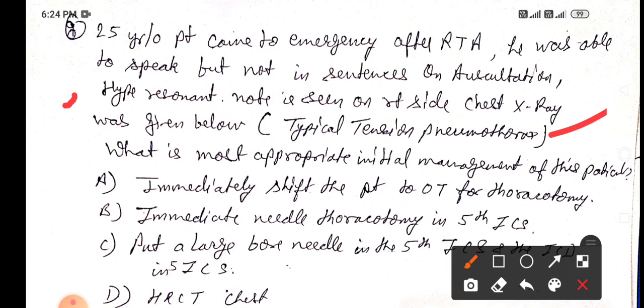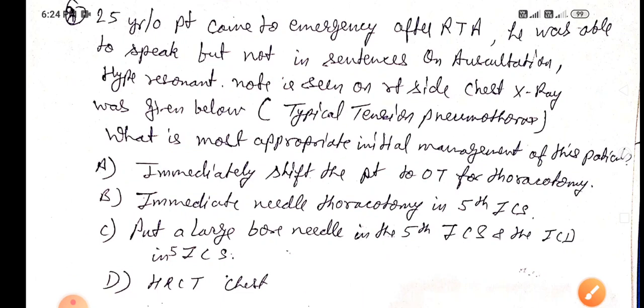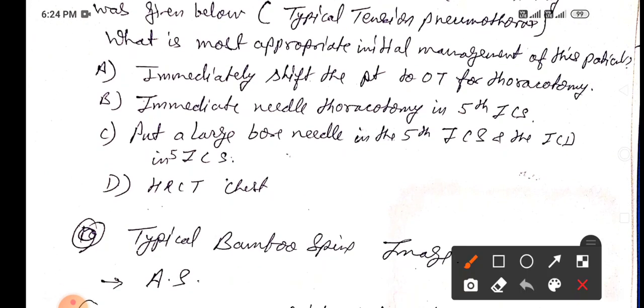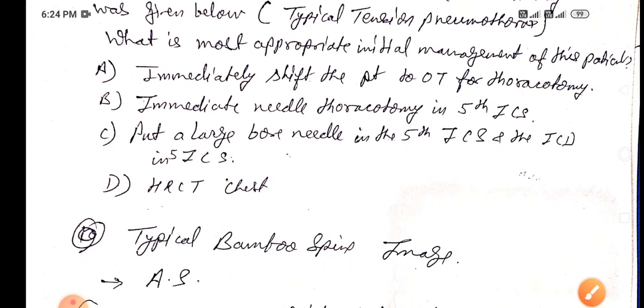What is the most appropriate management of this patient? Guys, the best management is to put a large bore needle in the fifth intercostal space and then the ICD in the fifth intercostal space. So this one is the perfect and best answer.